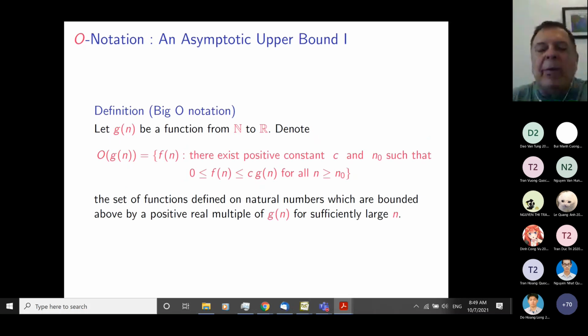So I will describe these three notations here and try to make them more clear.